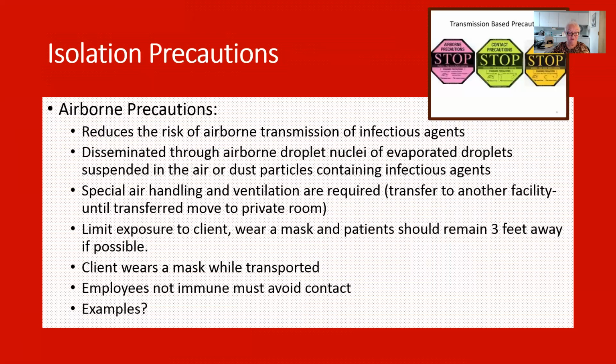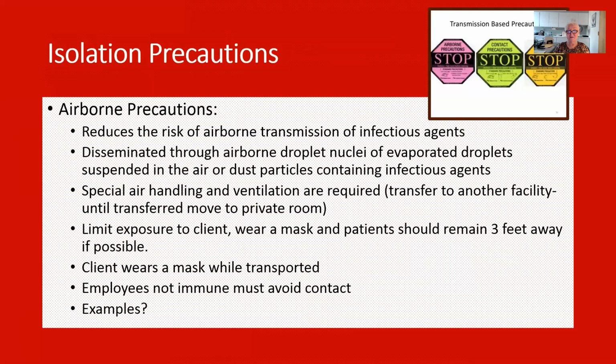Can you think of any examples of airborne precautions? Any diseases that we might have that would require this type of precaution? Herpes zoster in an immune-compromised client or with disseminated disease. Measles is also an airborne precaution.